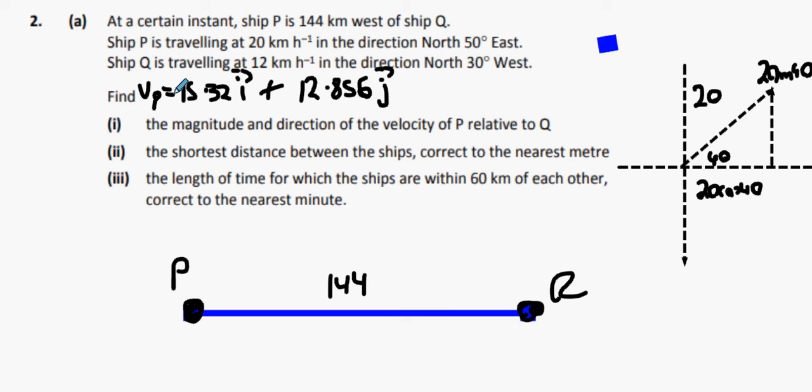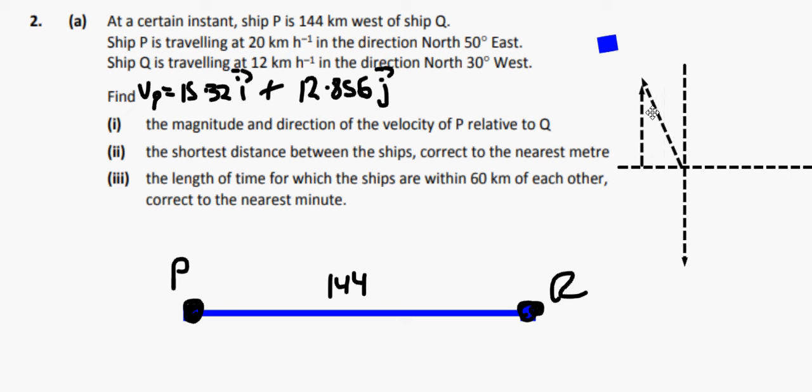Now we're going to do Q, and Q is going in the direction 30 degrees west of north. So here's north, and then we have a small little 30 degrees west there. Okay, so that's 30, which in turn will make that 60, and that will be 12. So that'll be 12 cos 60 and 12 sine 60.